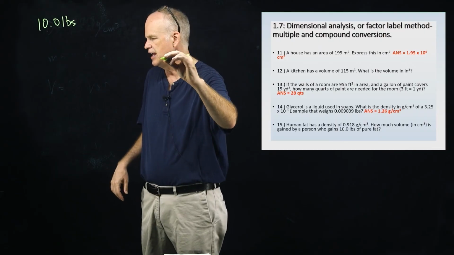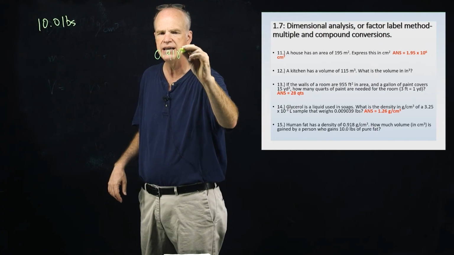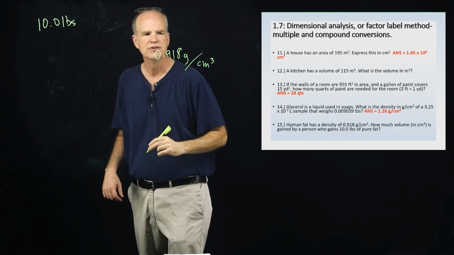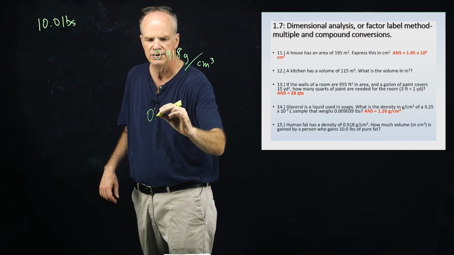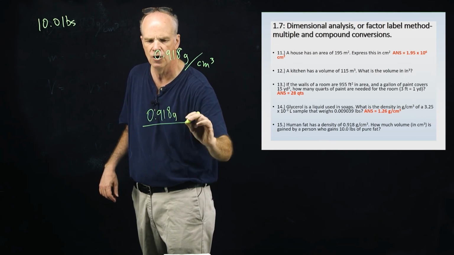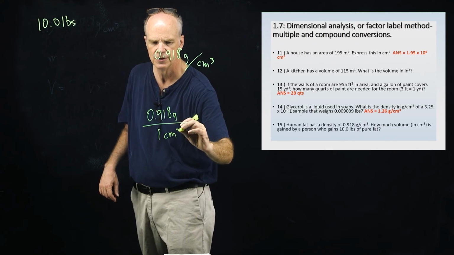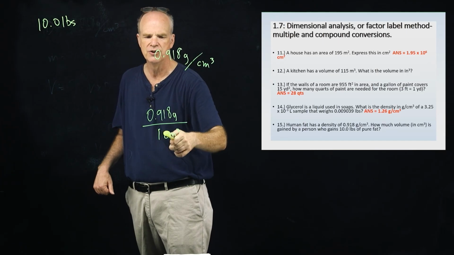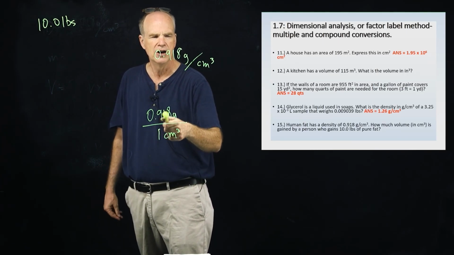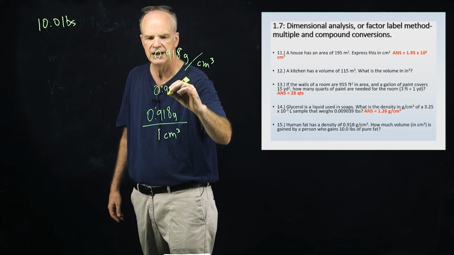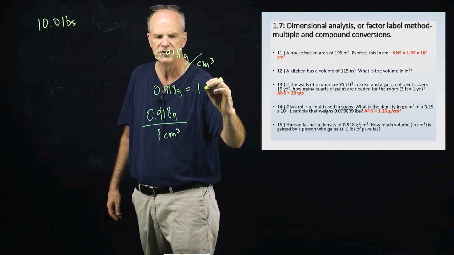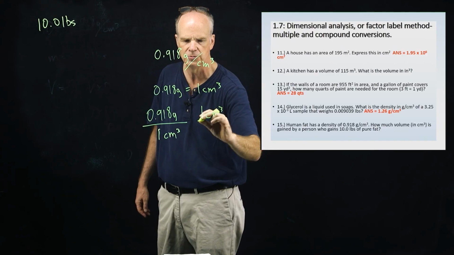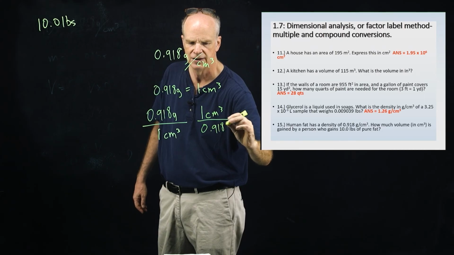When you see a density of 0.918 grams per cm cubed, you can put 0.918 grams over 1 cm cubed, because if it's per cm cubed, just imagine there is a 1 there. And this is an equality. So we have 0.918 grams equals 1 centimeters cubed. And so if you wanted to, you could write out the other fraction, 1 centimeters cubed over 0.918 grams.